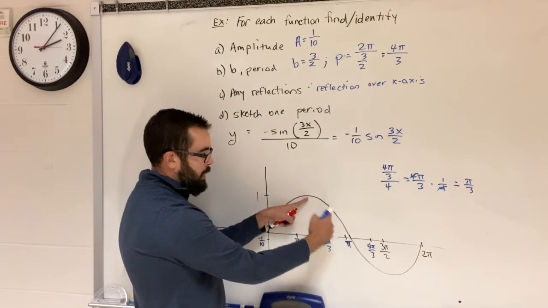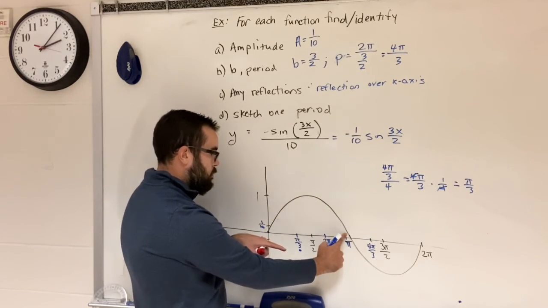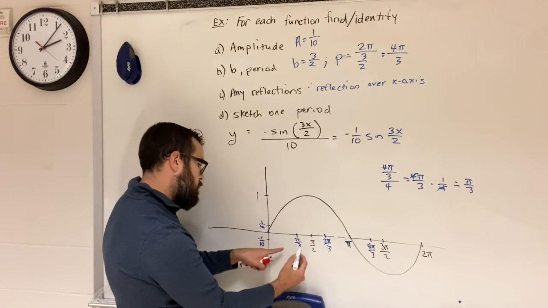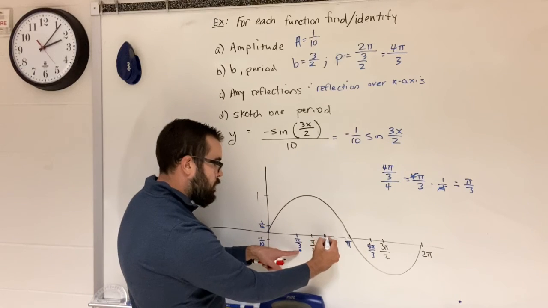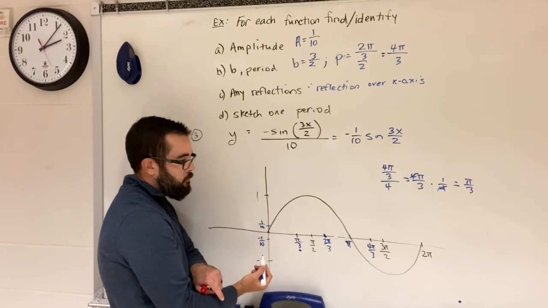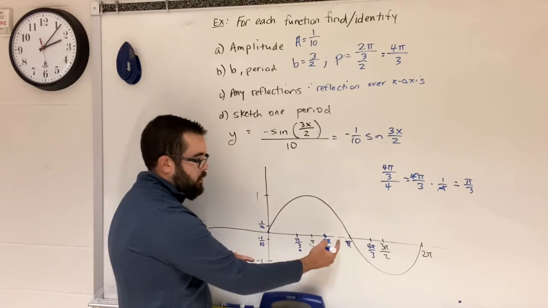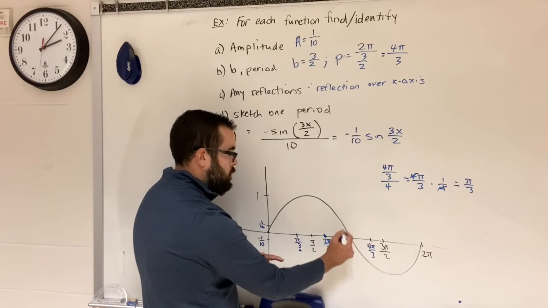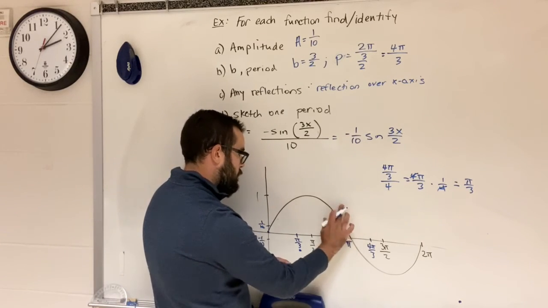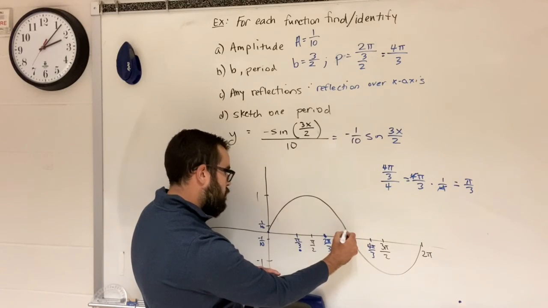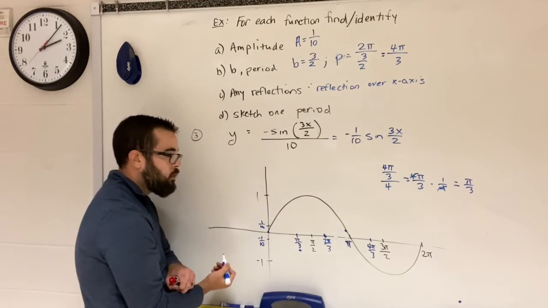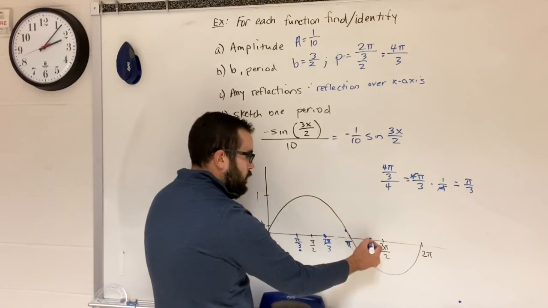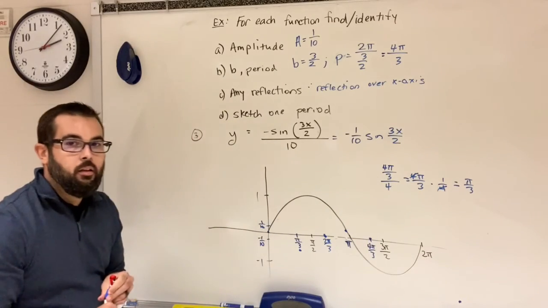And then after our max, we go back to a 0. So we're going to have a 0 at 2 pi over 3. Then after that, we went down to a min, so this is going to be a max at pi, and it's not going to be way up there, it's going to be way down here. And then finally, it comes back to a 0 at 4 pi over 3.